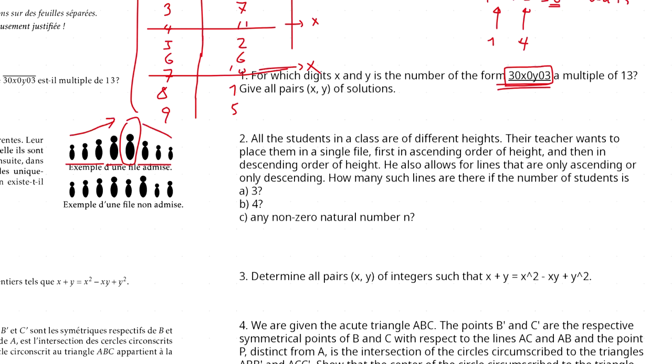So we just name him L, okay? We name the set of students before him A, because it's ascending, and the set of students after him D.